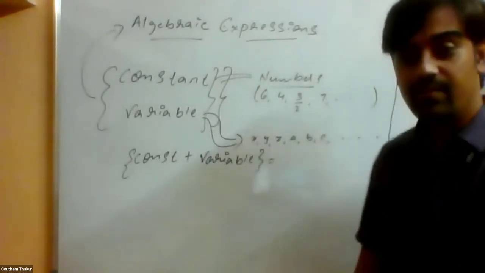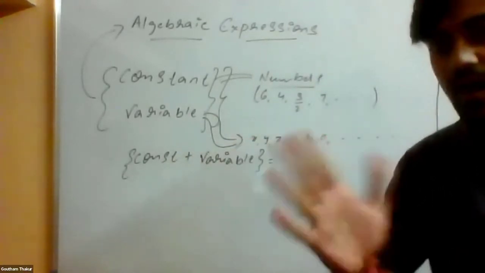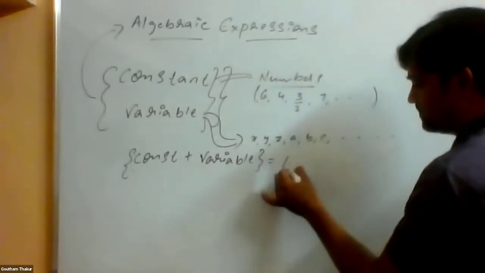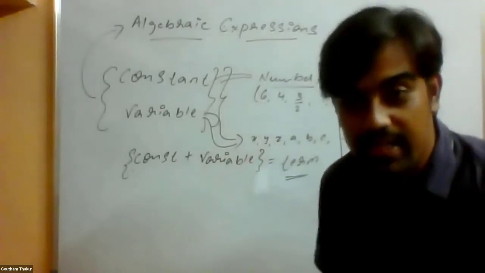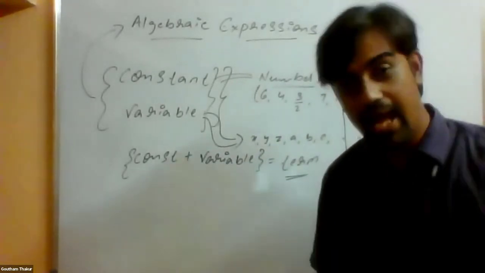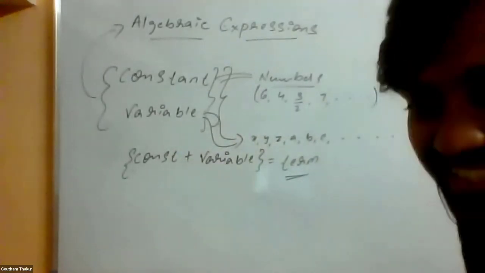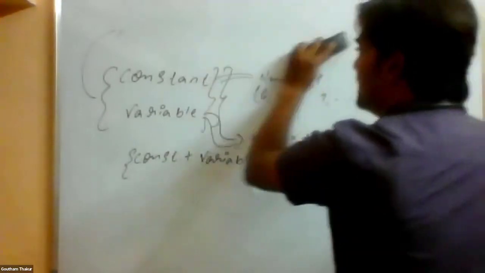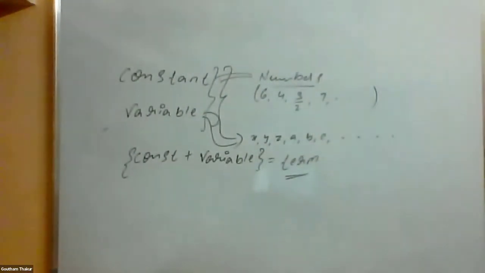Anyone? What is a term? Anyone who said expression? Okay, partially right. Can I call it a term? Yes, wonderful. I'll call it a term. The combination of a constant and a variable is called a term.